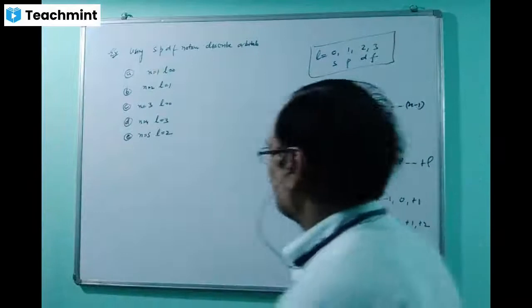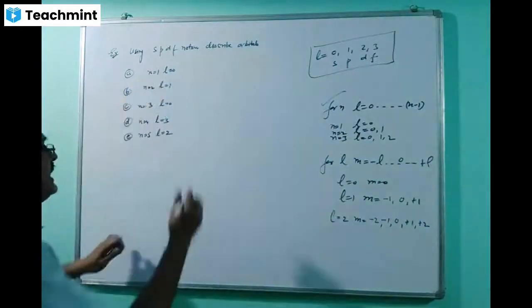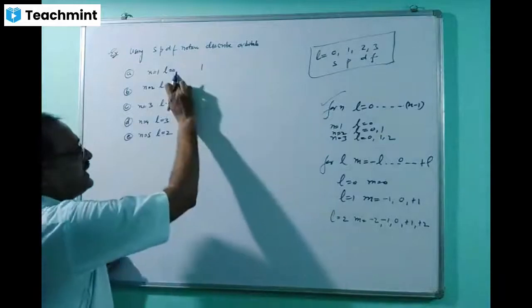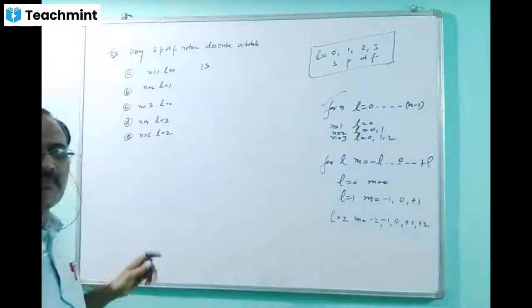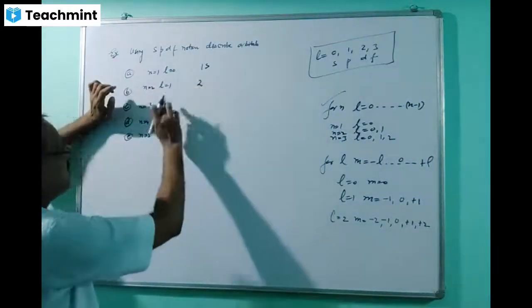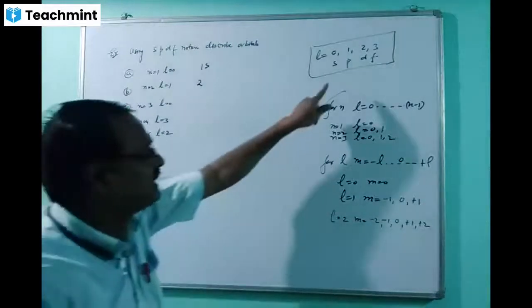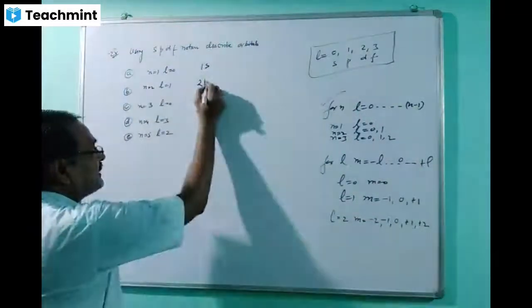Just see how we can give the notation. The principal quantum number is given, so you take here 1, and for L is equal to 0, S. So this is 1S. Then make the symbol. So for n is equal to 2 and L is equal to 1, it will be the P subshell. So write here 2P.